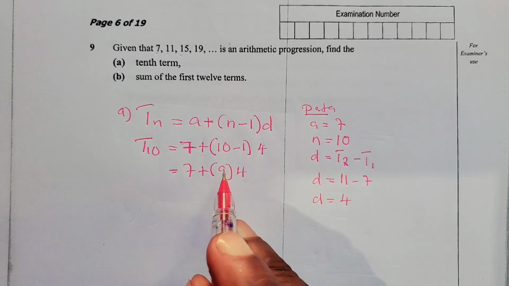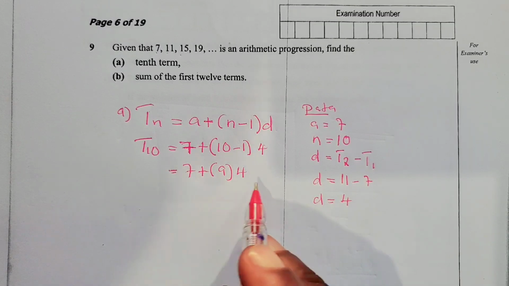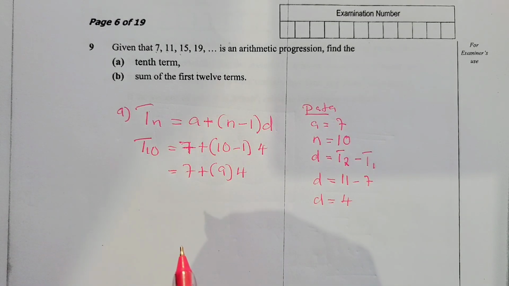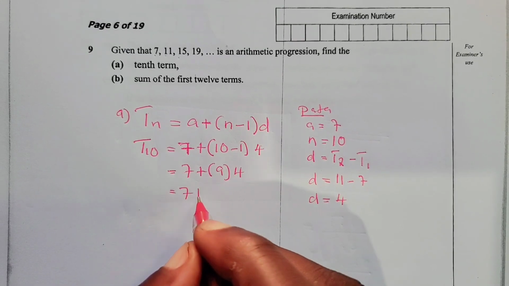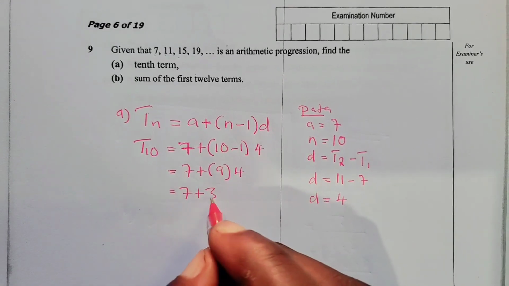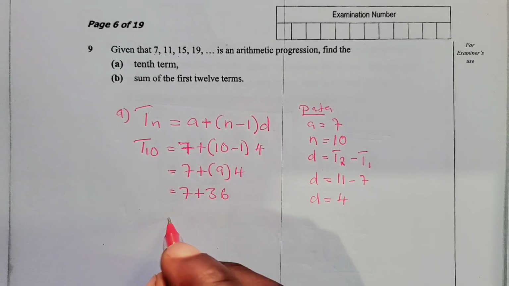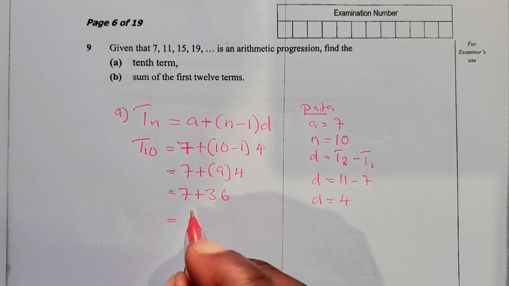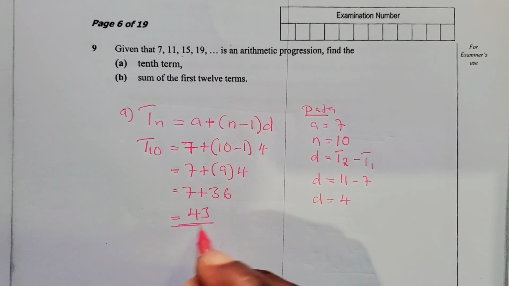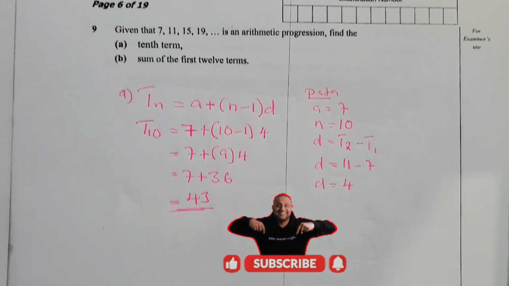Here you can't add because the 9 is in the bracket, so you can just multiply. Then just say 9 times 4, which is 36. So we have 7 plus 36. 7 plus 36 is 43. So the 10th term is 43.